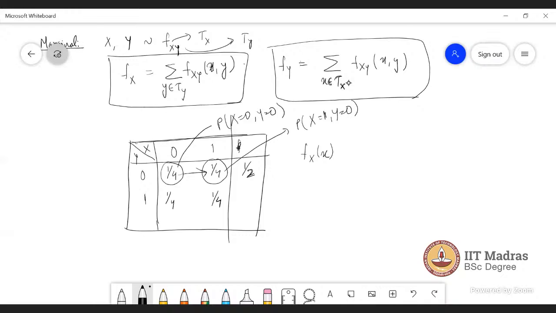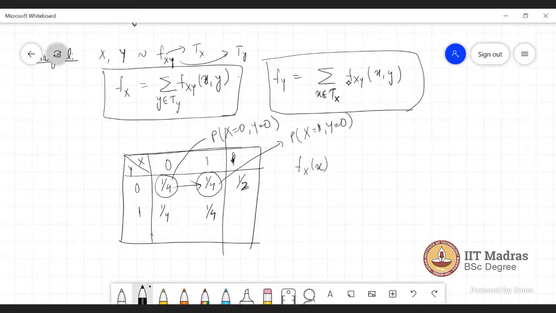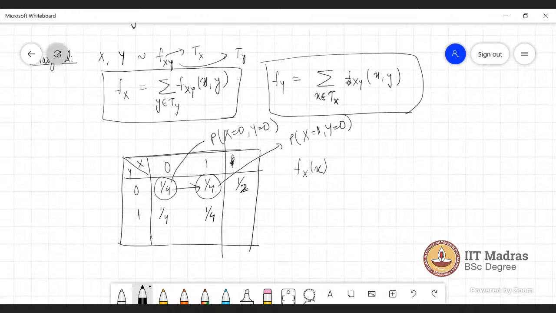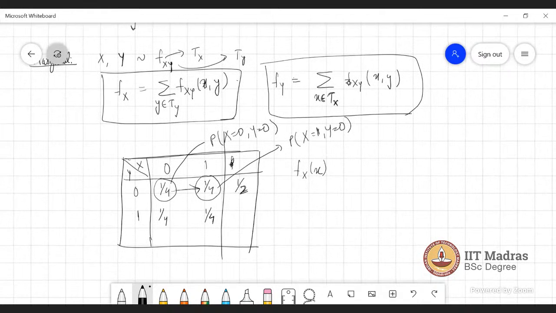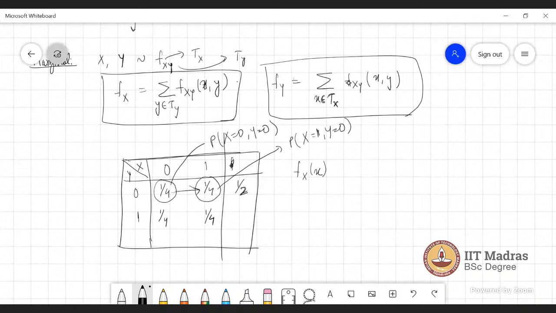Here in the formula, fx is equal to the sum over y belongs to ty, where xi belongs to tx.